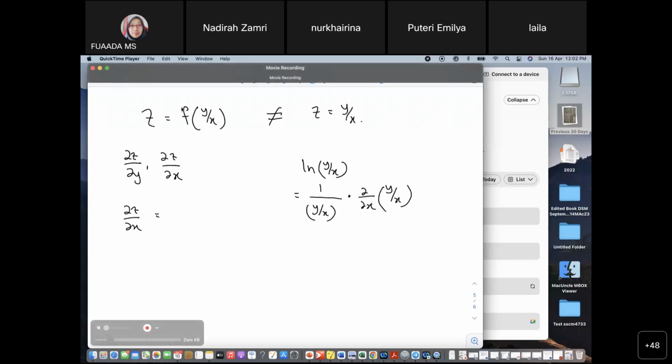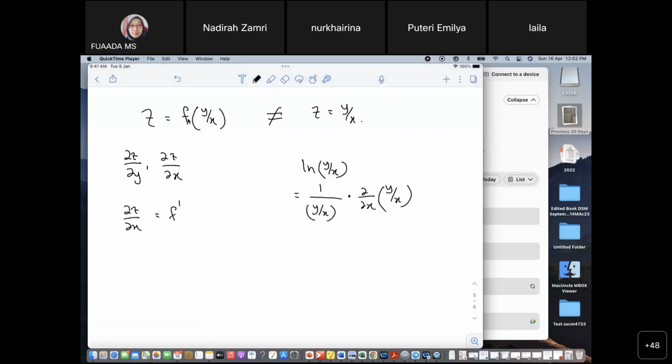But for this one, because we do not know exactly what f is, you can just write f prime of everything in the bracket.